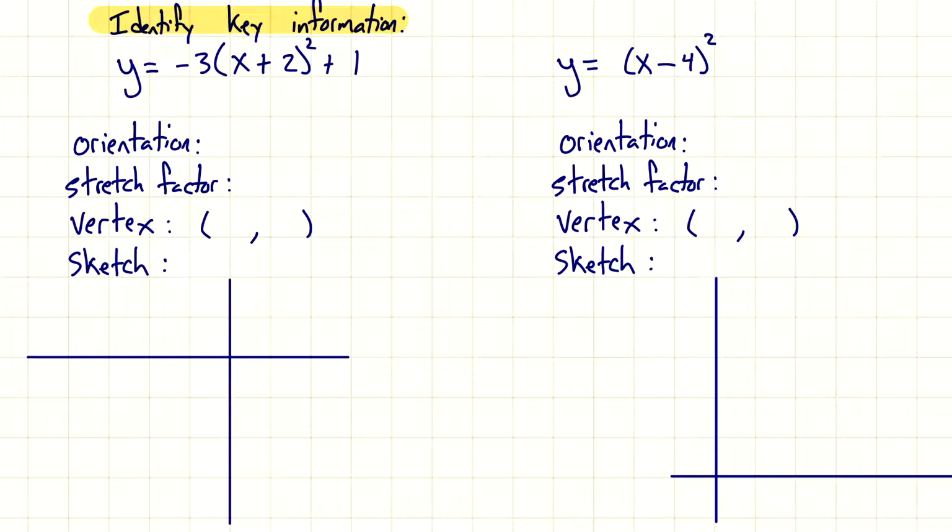So let's start with the first one. y equals negative 3 times x plus 2 squared plus 1. What is the orientation of this parabola?